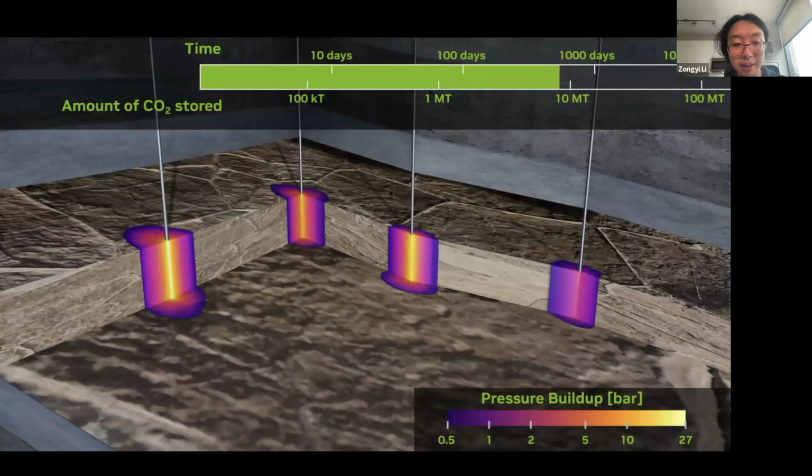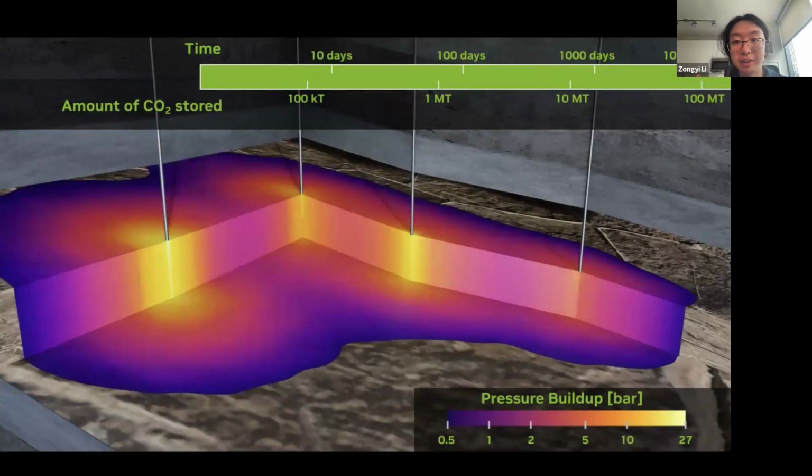This simulation covers a range of 30 years of the migration of carbon. We want to make sure all the carbon will not escape back into the air. This is the pressure and saturation simulation. It's a challenging case for 3D multi-grid simulation.